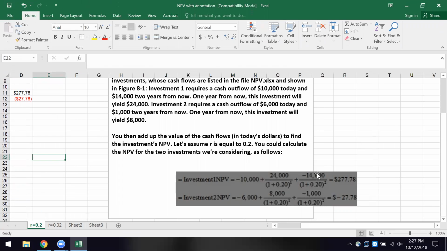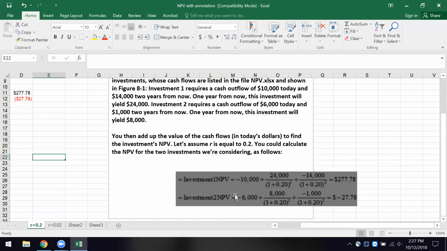Here, and then we see, and that's plus the minus 14 divided by 1.20, because that's 1 plus 0.20, to the second power, okay? And so we accounted for year zero, year one, year two, and we get 277.78.